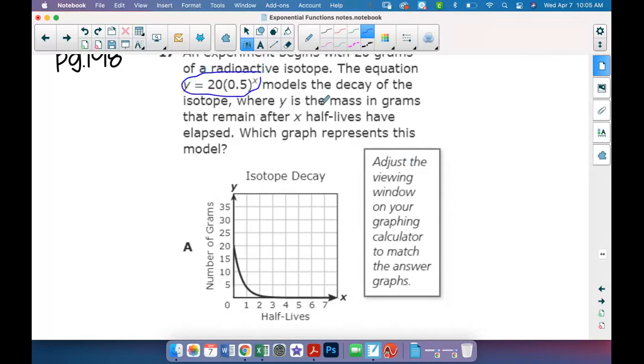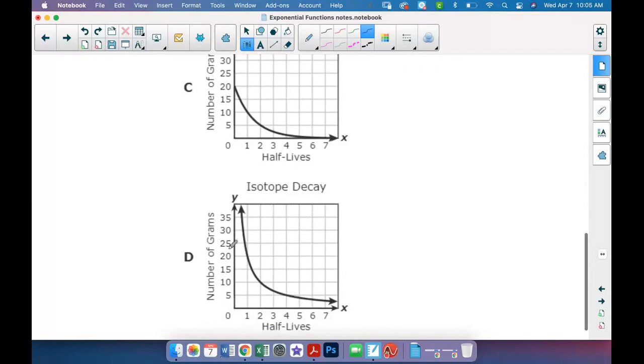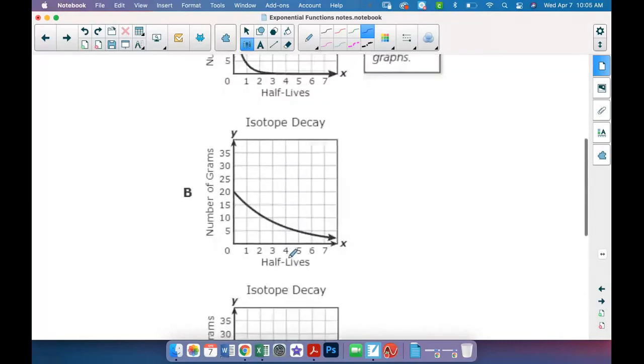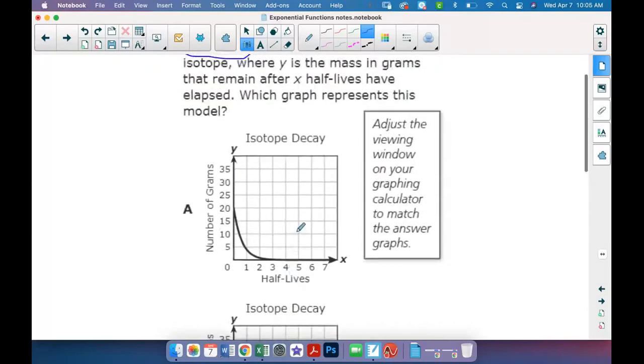So you can graph it on your graphing calculator and see which one's the best. You can also check your y-intercept is supposed to be at 20. So A looks pretty good. Ooh, B looks good. C looks good. D is out for sure. Okay, so now you have to decide between A, B, and C. So there's several things you could do. You could plug in a point and see if it comes out true.